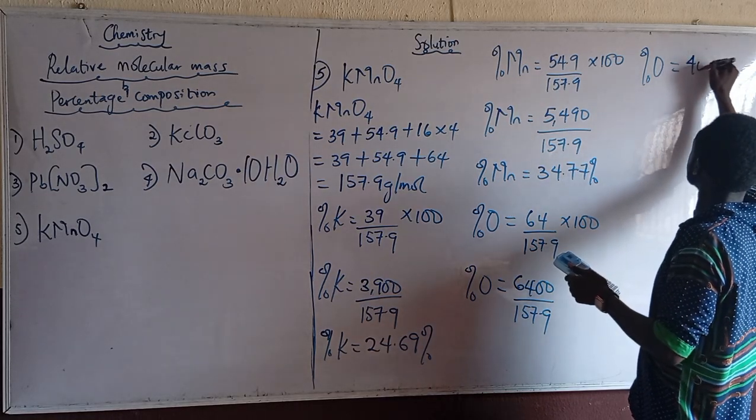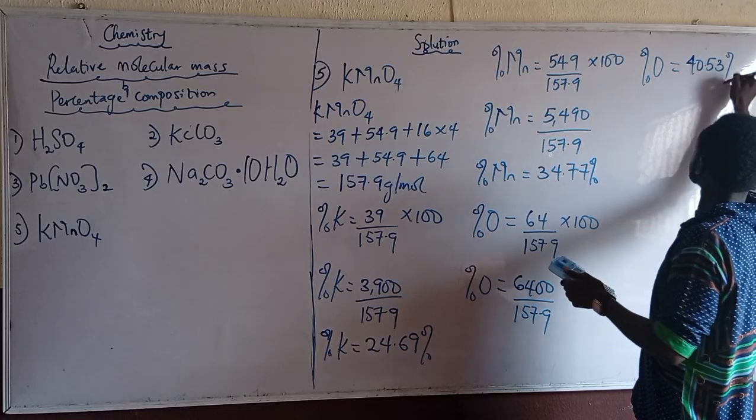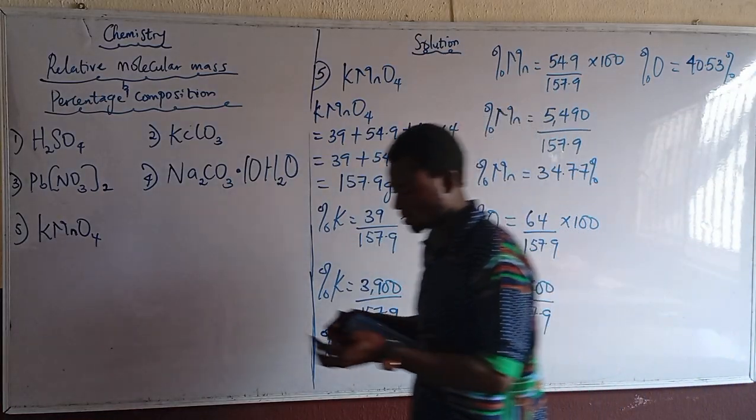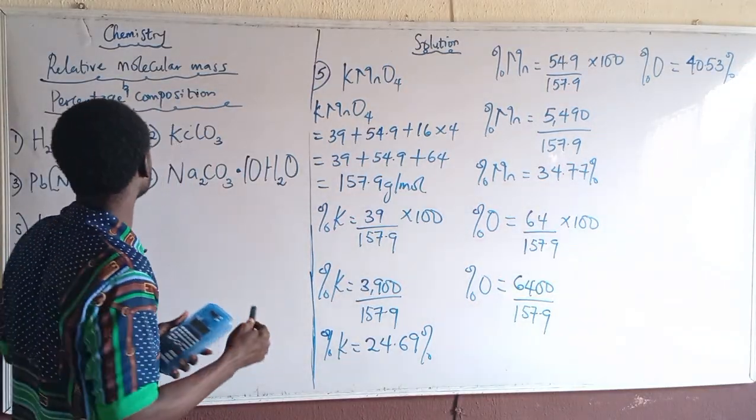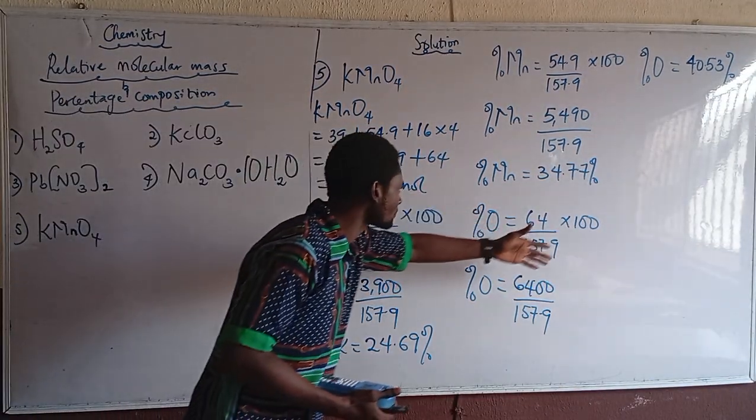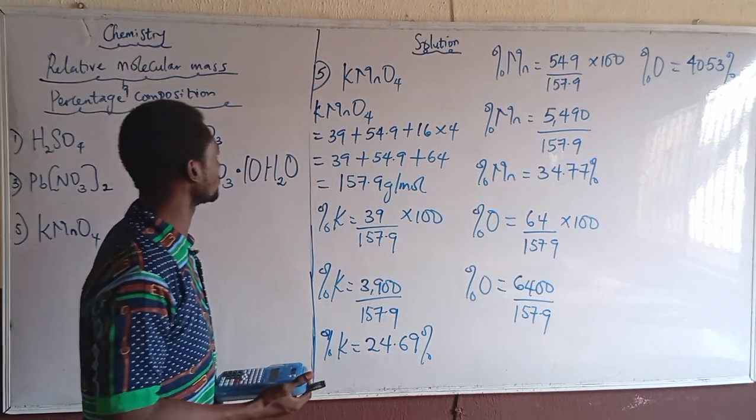That is 40.53%. So that is all on relative molecular mass and percentage composition of elements in each compound.